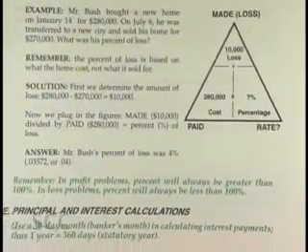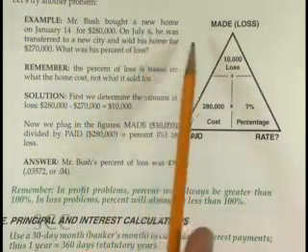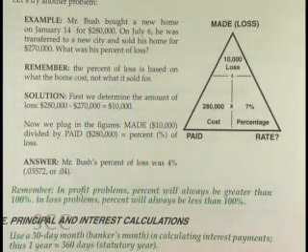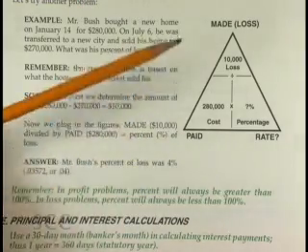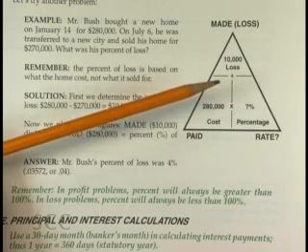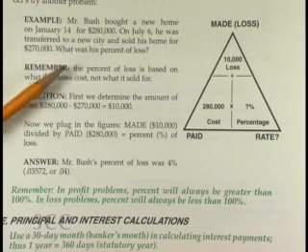So now what we need to do is, it says, in a new city, for his home, what is his percentage of loss? So what we're looking for is a percent. In this case, he did not make money, he lost money, because he bought it for $280,000 and he sold it for $270,000.